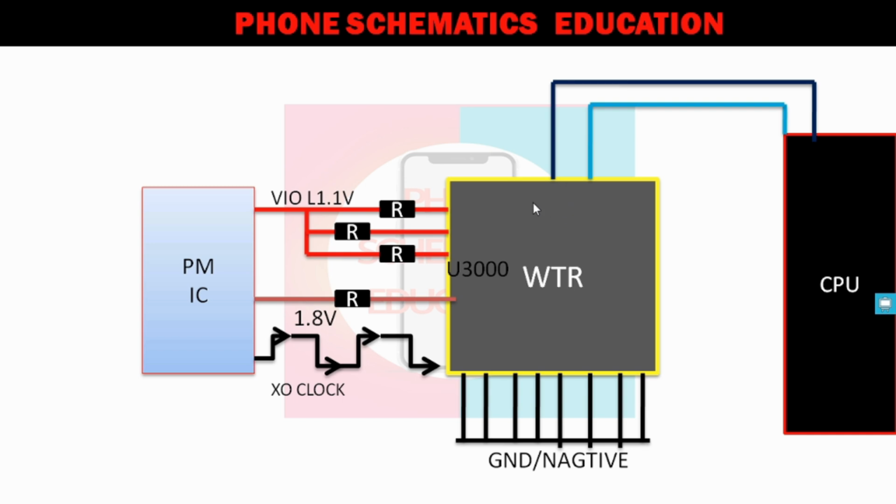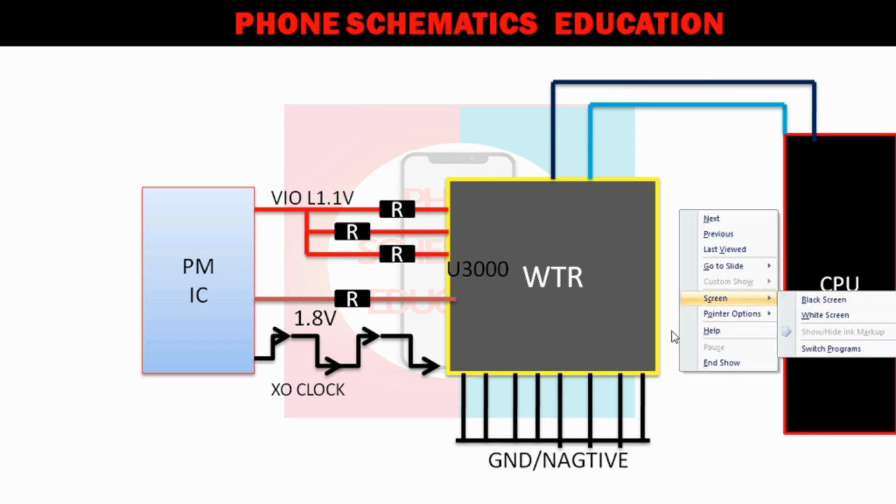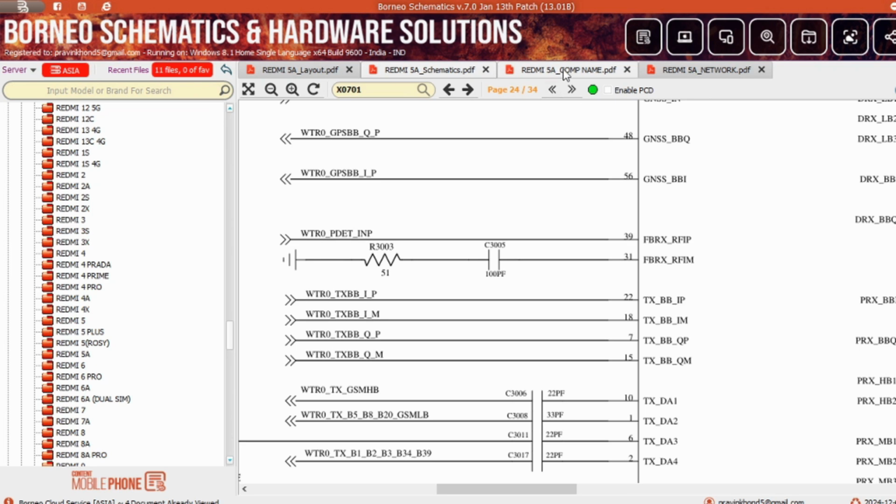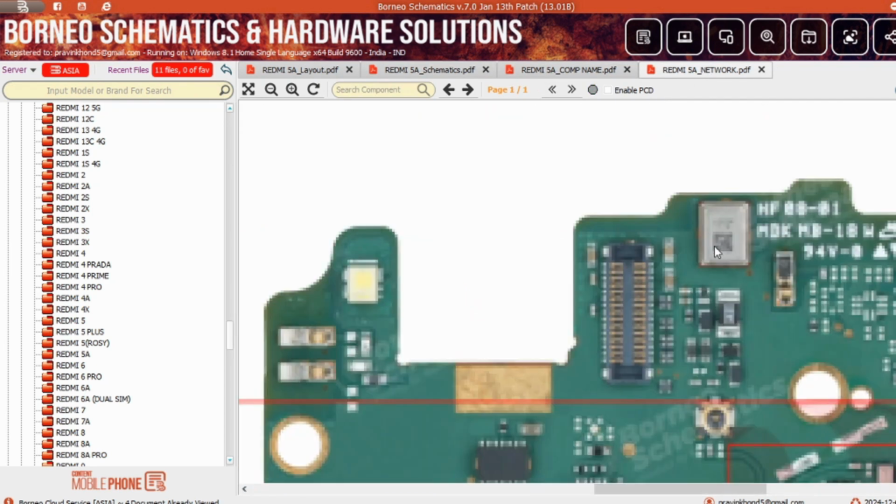Just open the WTR IC and check the motherboard pads in diode mode, with the red probe on ground and the black probe on the pad. You can measure the value. As for which pad it connects to, I will tell you again. Just go to the Borneo network section.